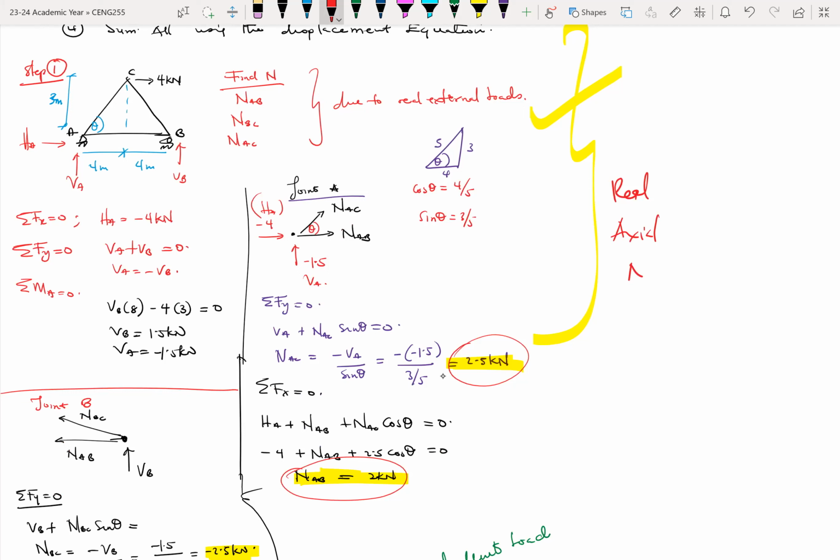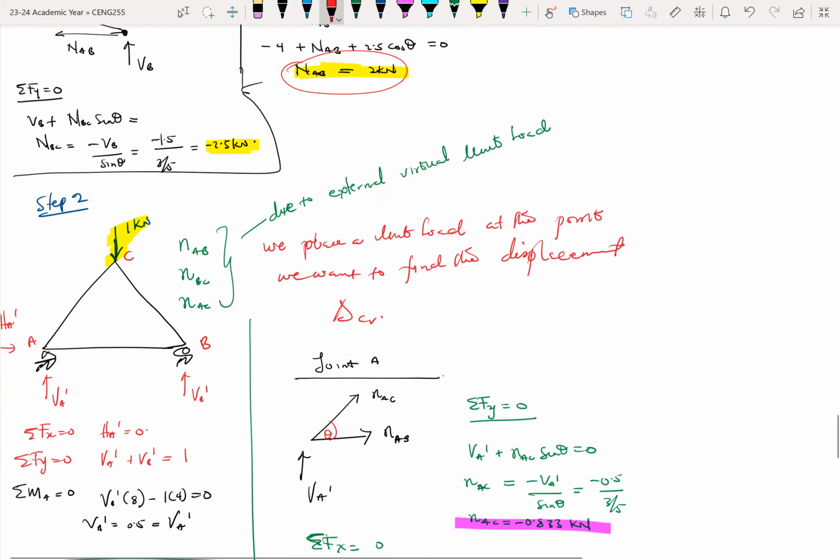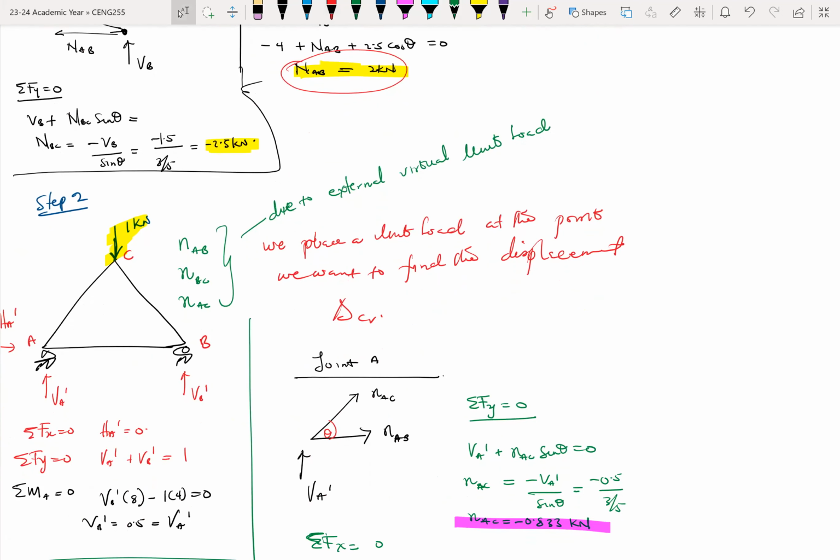So the real N. Okay. So when you take away the N, then you come in and place a unit load in the direction of the force that you want, right? So you have that. So it's like you're trying to create a new problem or a new structural system to calculate.